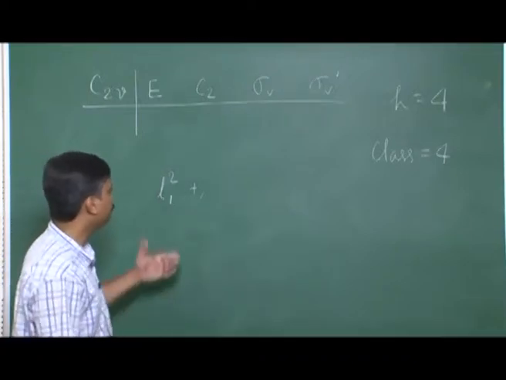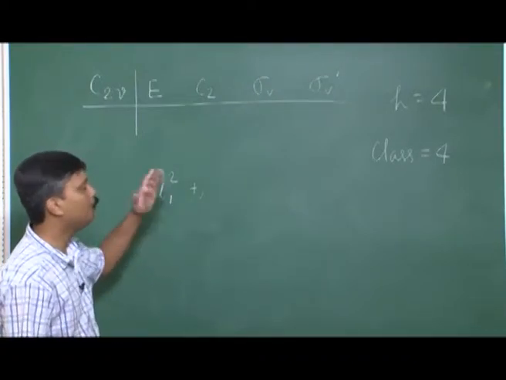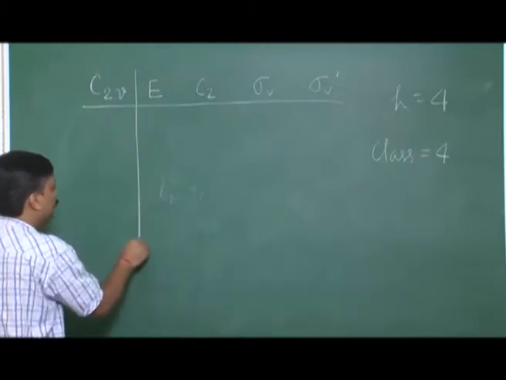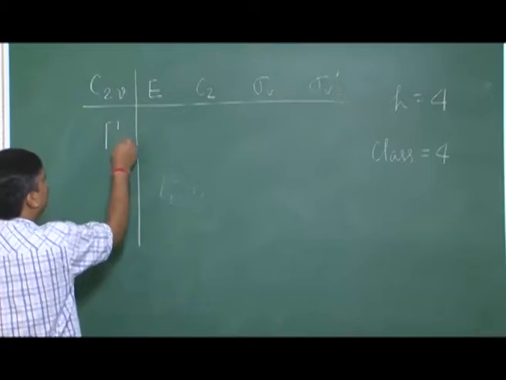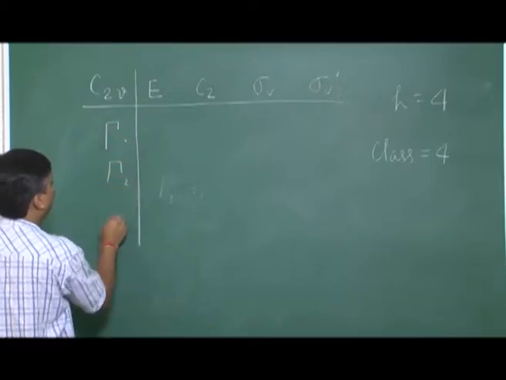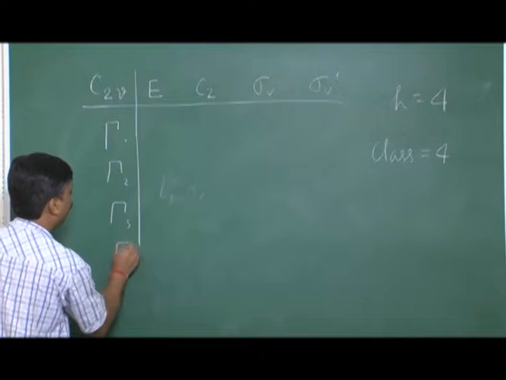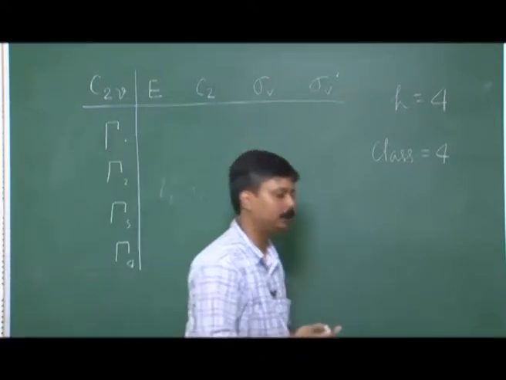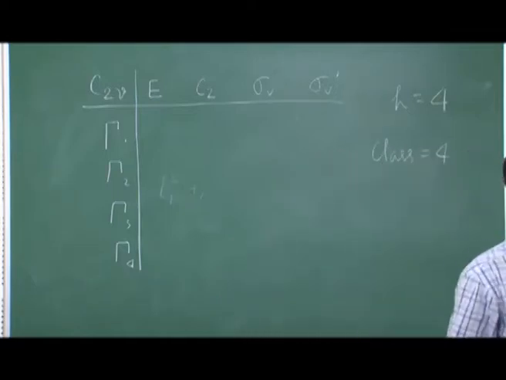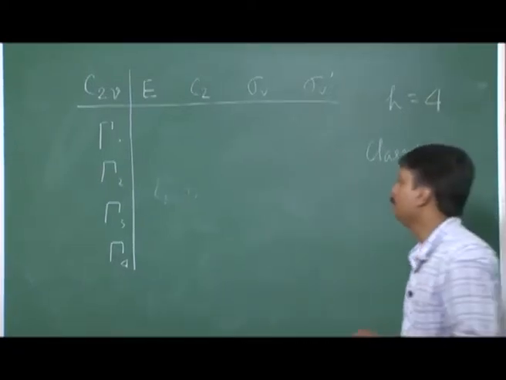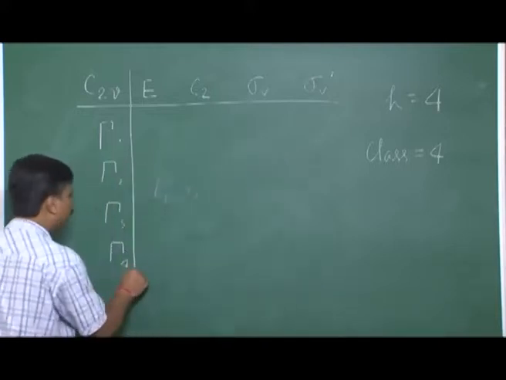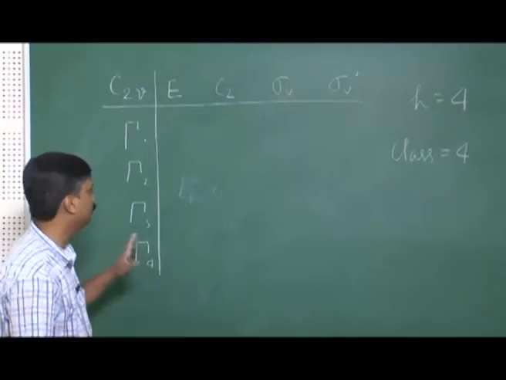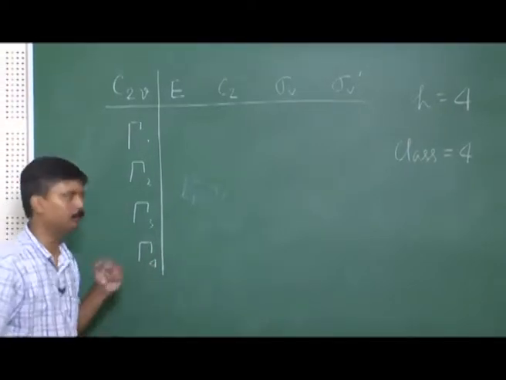Therefore, I can have 4 different irreducible representations. Let us just give them the names gamma 1, gamma 2, gamma 3, gamma 4. In one of the previous classes I mentioned that in general we use the term gamma for any given representation. Later on we will figure out what gamma 1, gamma 2, gamma 3, gamma 4 actually stand for in terms of the Mulliken term symbol.